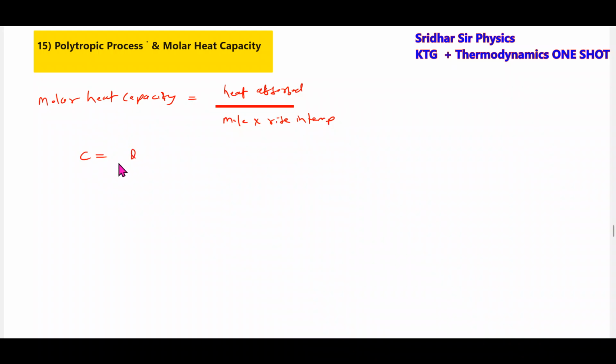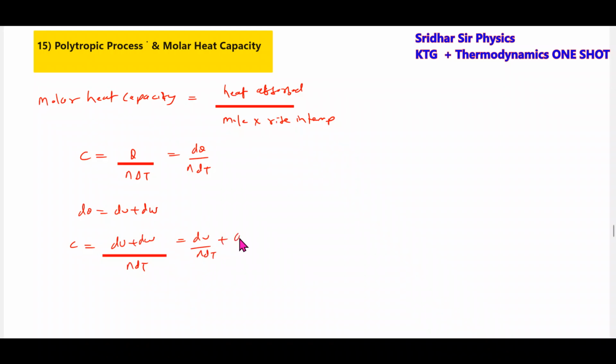Symbol will be C, this will be Q by n delta T. In the differential form, it will be dQ by n dT. Further, we know dQ equals dU plus dW. C is equal to (dU plus dW) by n dT, so dU by n dT plus dW by n dT, or this will become Cv plus P dV by n dT. There is a generalized formula which you can remember.